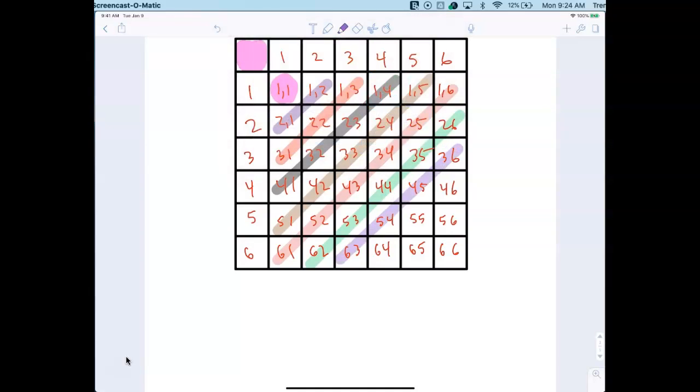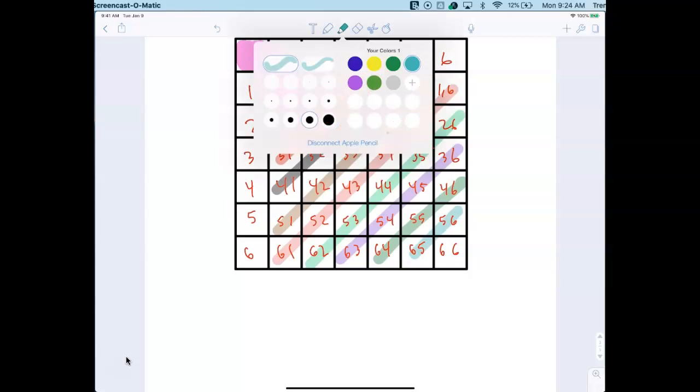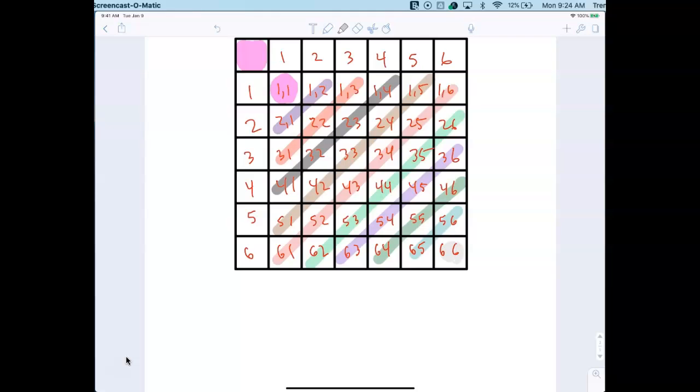And then the next one is the 10s, and then the 11s, and finally the 12s. So you see, most people don't really understand that. So you can have numbers between 2 and 12.